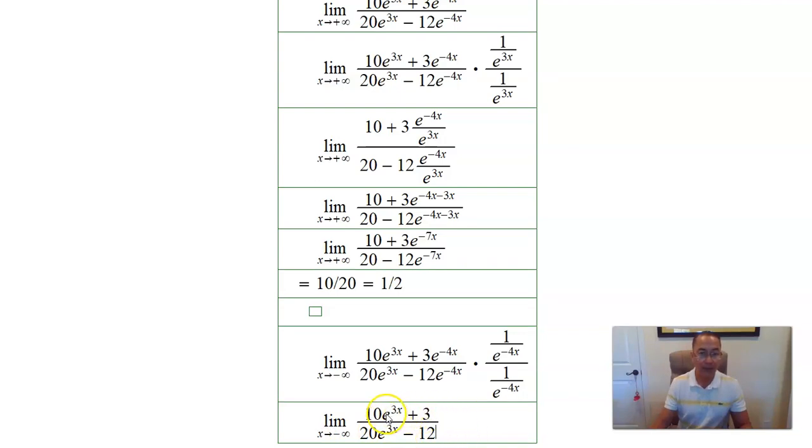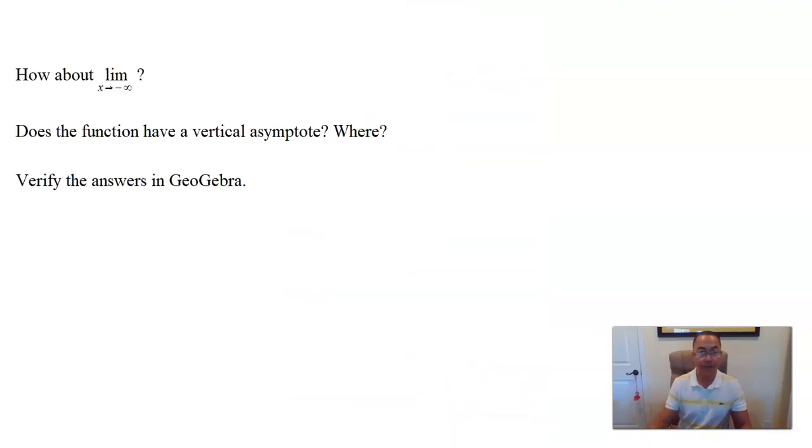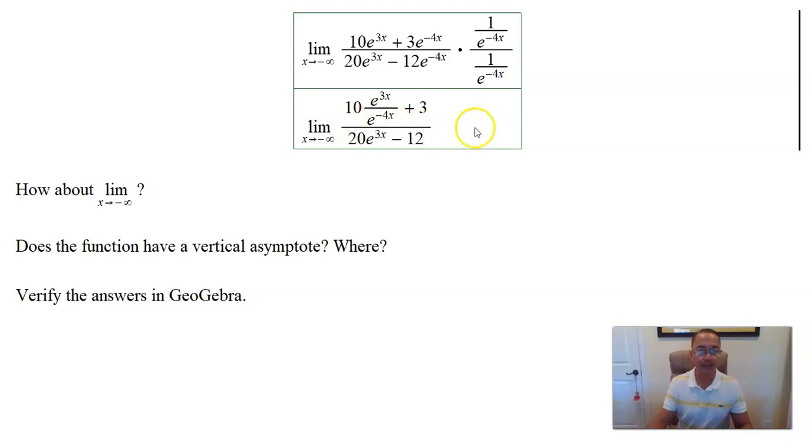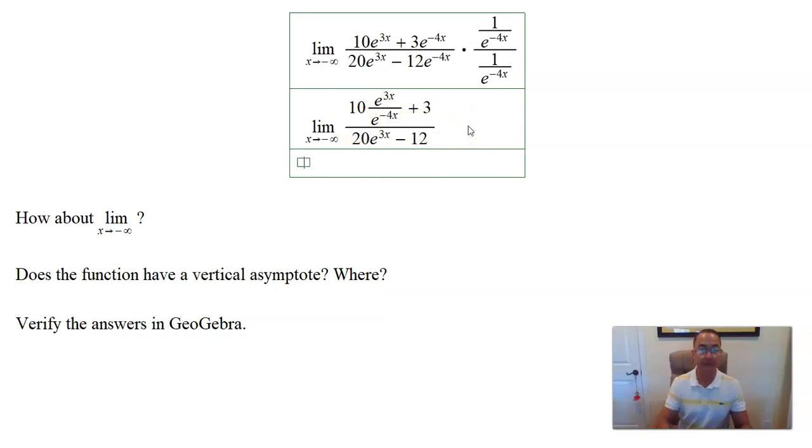But we have e to the 3x divided by e to the minus 4x. Whoops, no. I'm going to have to make it a little bit smaller. Hang on a second. Now it's easier if I just make a separate display here.